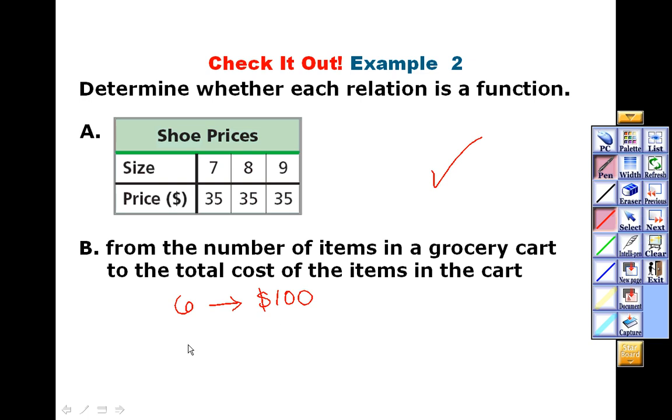But say we bought 6 cheap items and it only cost us $5. Well, our input value is still the same. So instead of looking at this as 2 separate relationships, we'll say 6 is related to 100, but 6 is also related to 5. So this is not a function.